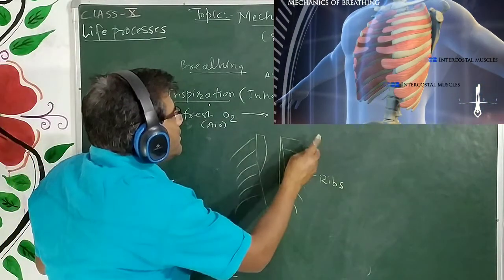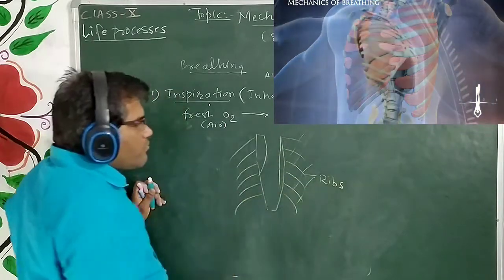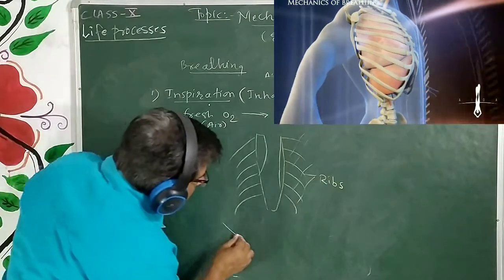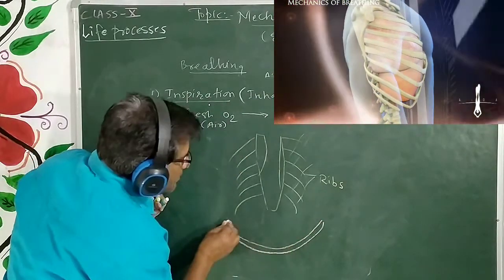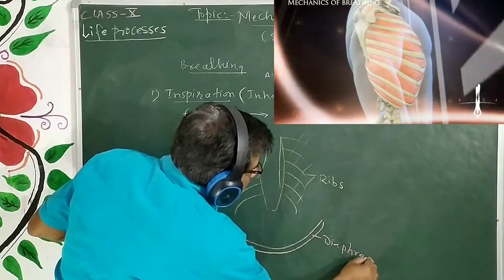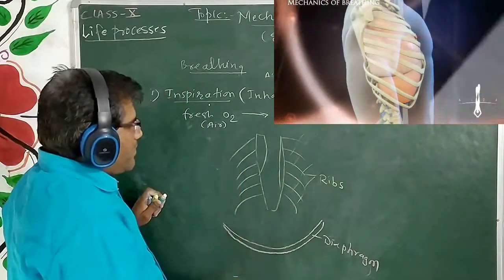These ribs are connected with muscles. And below here is a muscular structure, which is called the diaphragm. So first the ribs and second the diaphragm.